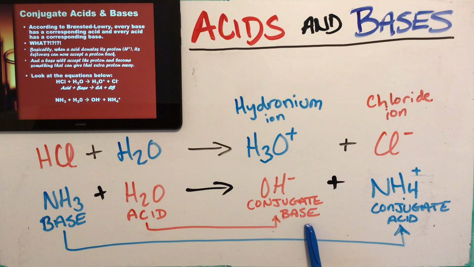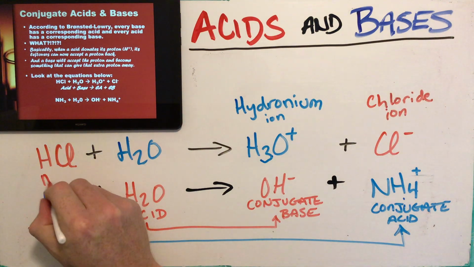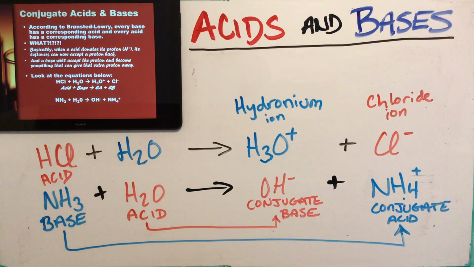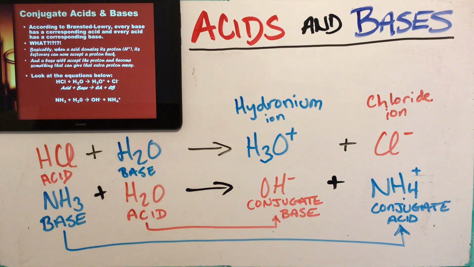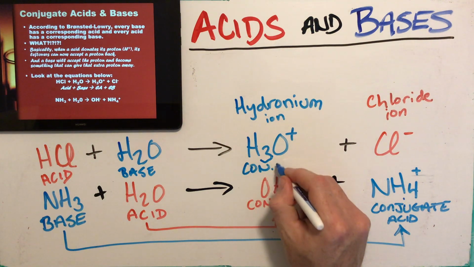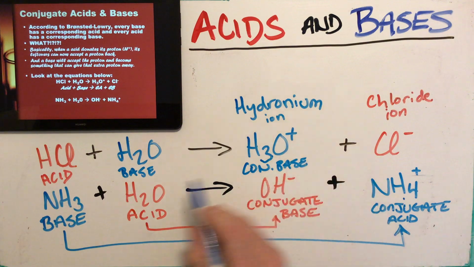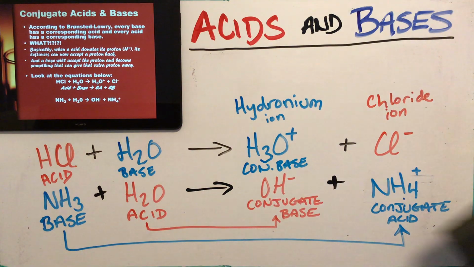Acid becomes base. So always take, same thing here. I know HCl is an acid, right? I know water, in this case, is the base. And look, this over here has to be my conjugate base, because oh, sorry, not that.